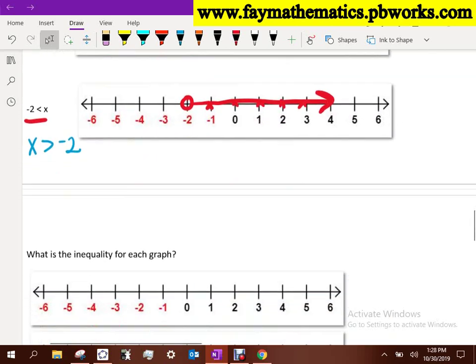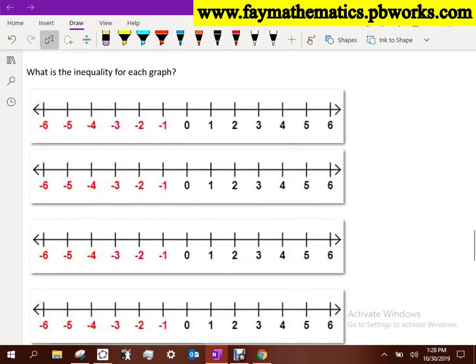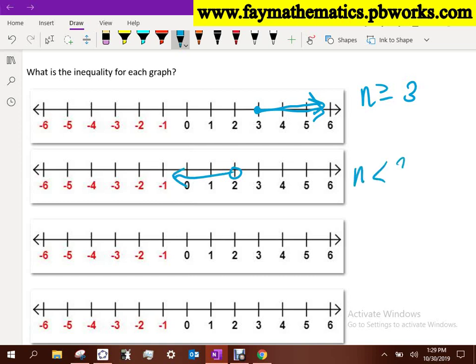Okay, so what if I ask you, just real quick, we'll work through these. What's that inequality? Okay, so n and 3 have to be used, right? Is it greater than or is it less than? Greater than or equal to. What if I did that one? Good.